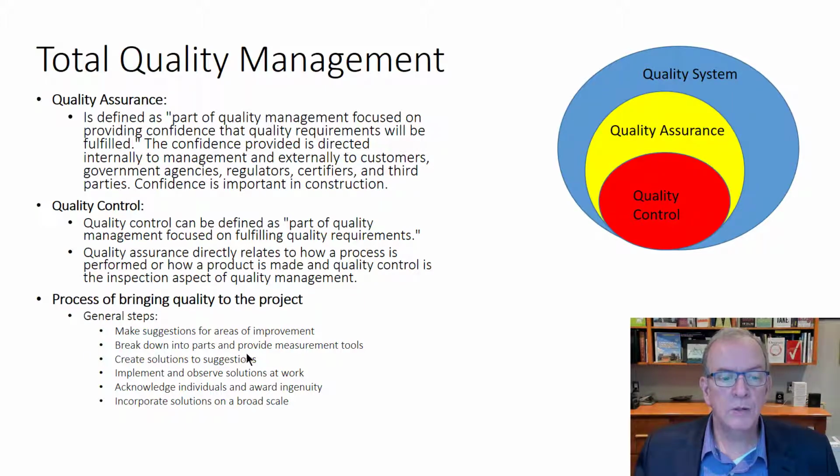Break down into parts, provide measurement tools so that we can check and ensure that quality standards are being met. Be really creative and innovative in working the solutions. And we talked about the 8 areas of waste in lean. And if we have underutilized talent not engaged in the project, we are losing opportunities for these creative solutions and suggestions because people have shut down. Implement and observe solutions at work.